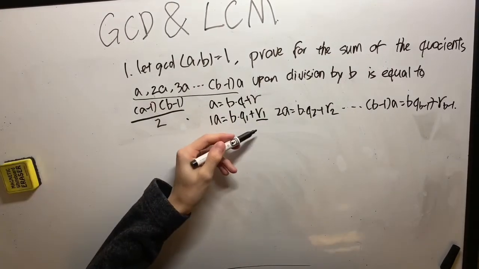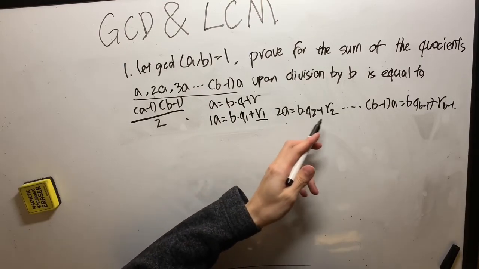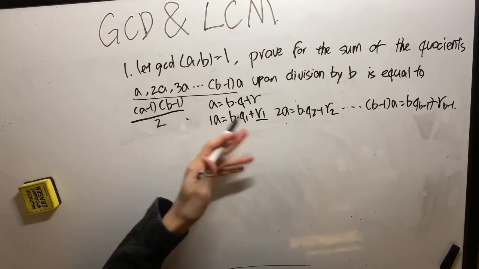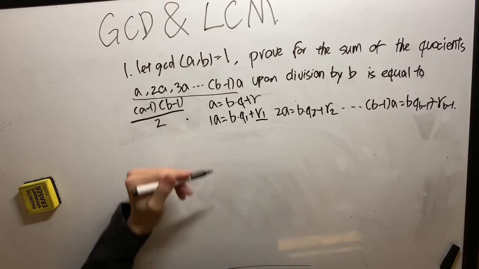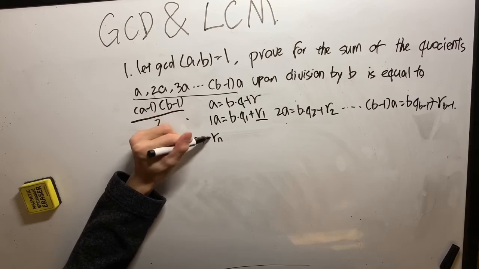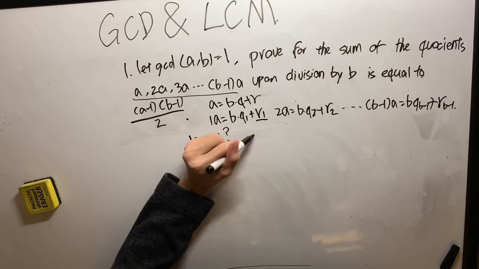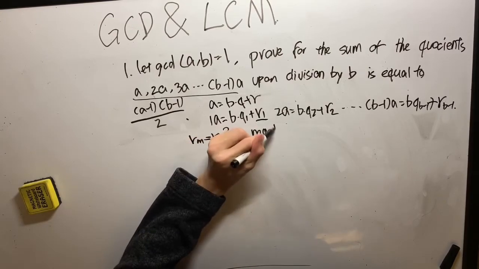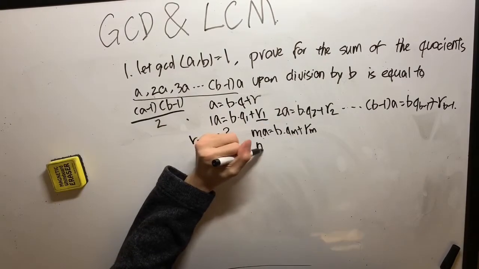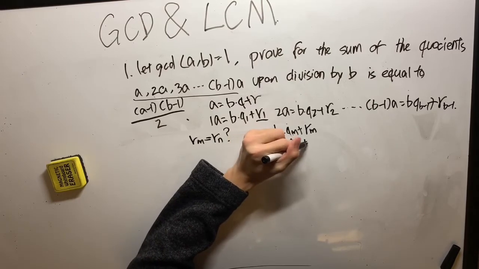Now let's prove whether any two R's among these numbers are equal to each other. So let's take Rm and Rn. So we have mA equals B times Qm plus Rm, and nA equals B times Qn plus Rn.